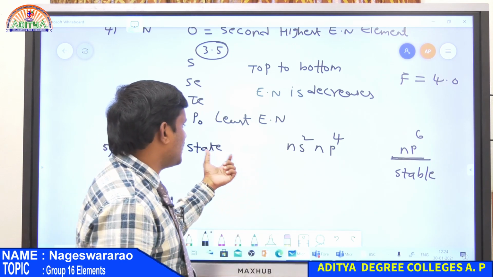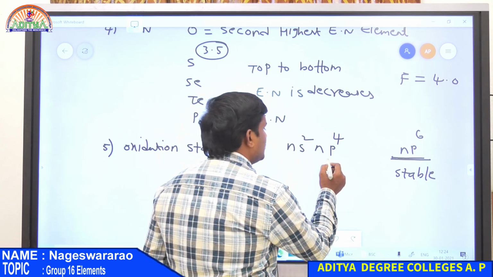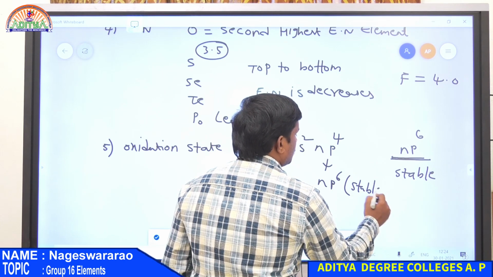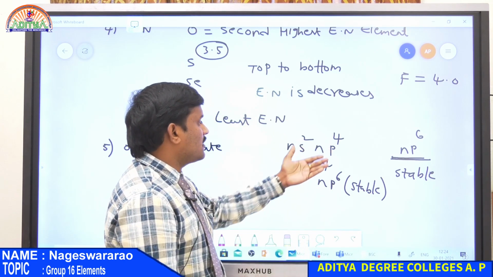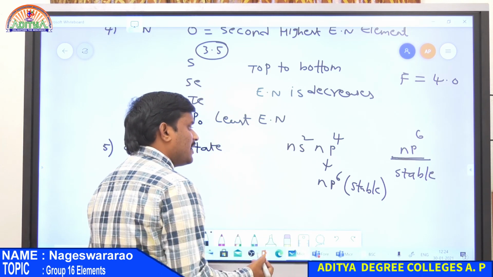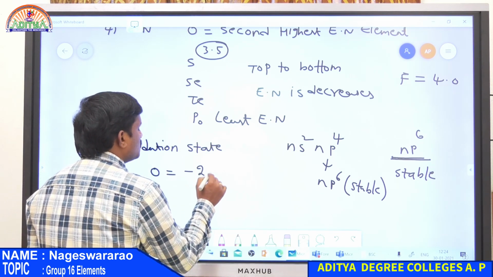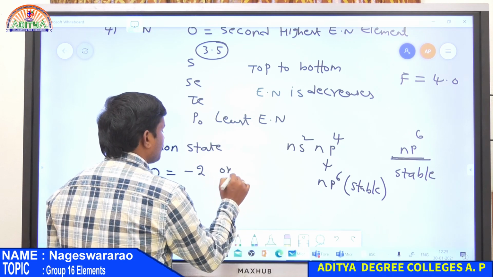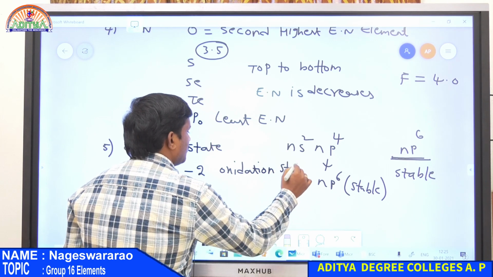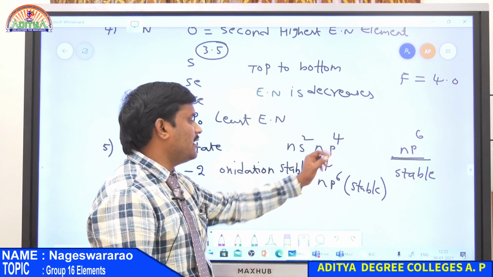If suppose oxygen having ns2 np4 configuration, if it gains 2 electrons, then this becomes np6, then it gets stability. So whenever np4 becomes np6, that means it gains 2 electrons. Therefore each electron having a -1 charge. Therefore oxygen is always having a -2 stable oxidation state, because it is having 4 electrons at outer shell p orbital.